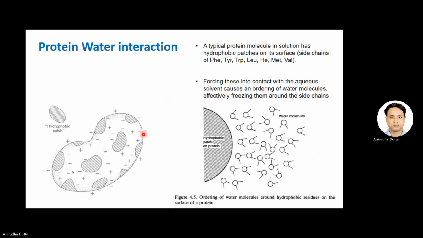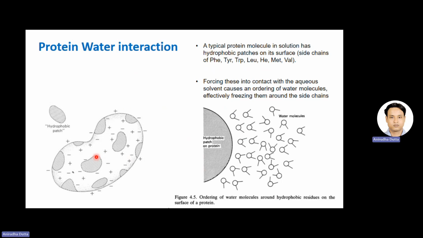So if this is a protein, you'll find there are some charged residues on the surface of the protein. There would also be some residues which are hydrophobic. So in general, protein has hydrophobic surface patches. That means a region of the surface where a small number of hydrophobic residues are concentrated.